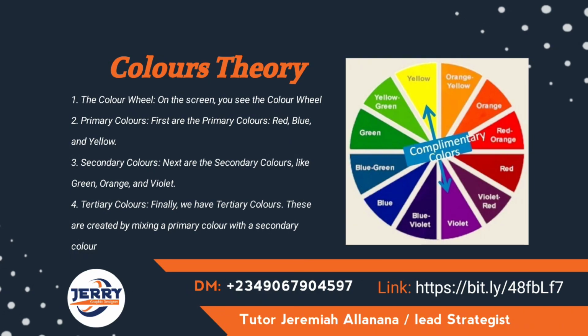Now, we have about 4 parts of color theory, and we are going to talk about all of them in this lesson before we head to the next one. Number 1, the color wheel.